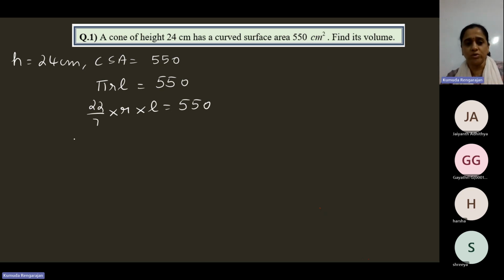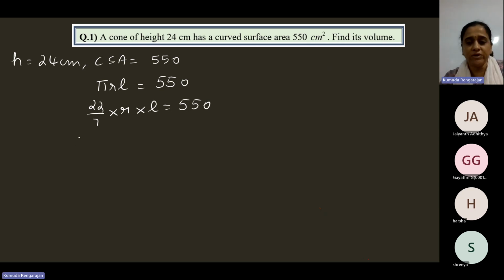So what you should do is write L using R. That is, you must change the equation so that there's only one unknown.